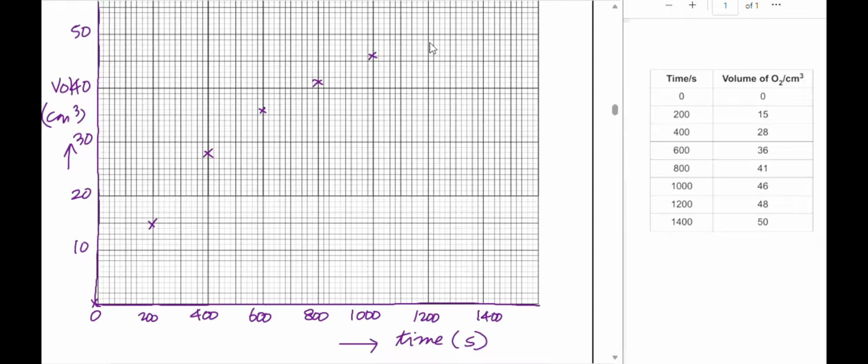We have got 2 divisions less of 50. Okay, and then 1400 is 50. Let us join the points now with a smooth curve.